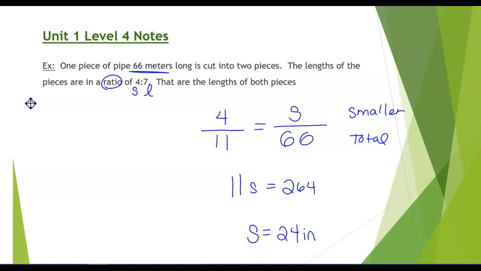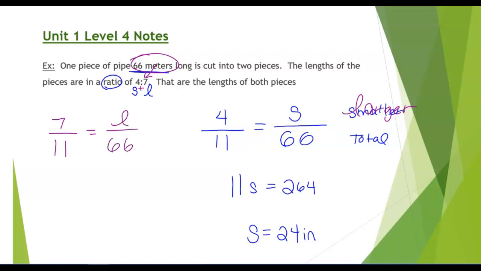Now for the larger piece, I can set up 7 not to 4, but to the total, because 66 is that total. So now it's the larger piece over the total. Well, that's 4 plus 7, which is 11, and that is equal to the larger piece to 66, the total.